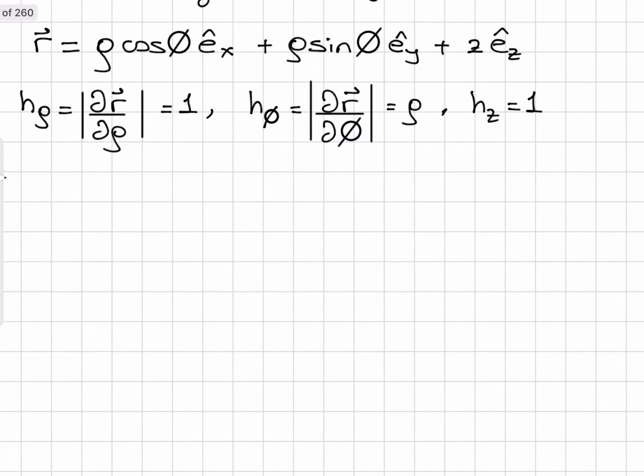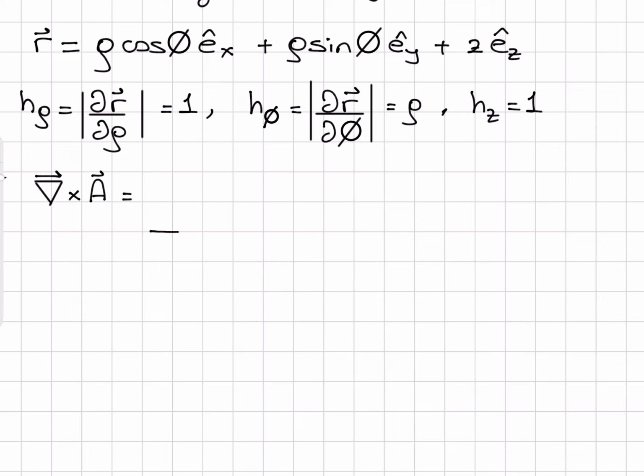Now, if I look at curl A, B is supposed to be equal to curl A. So let's perform this curl using the cylindrical coordinates. It is 1 over the product of the scale factors.